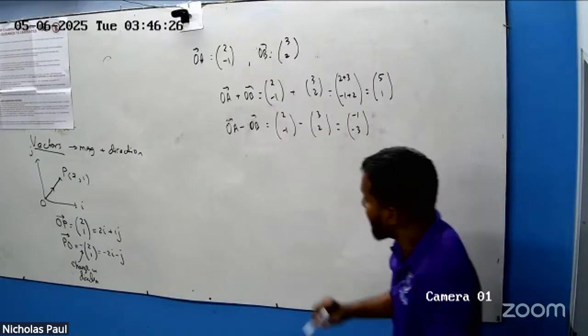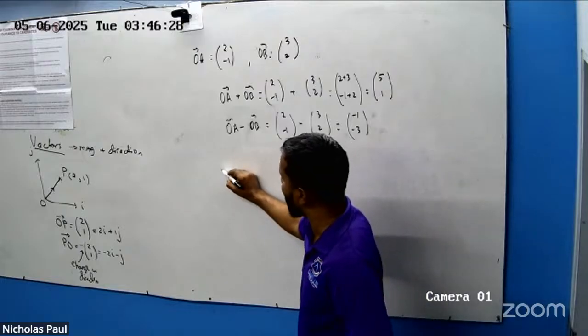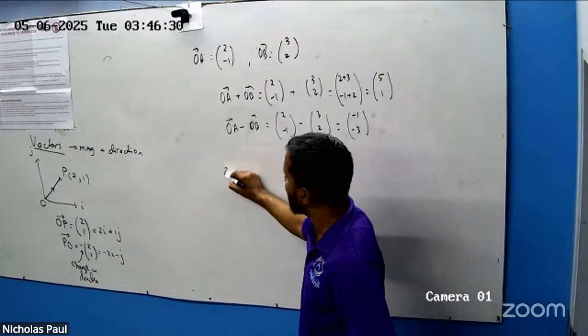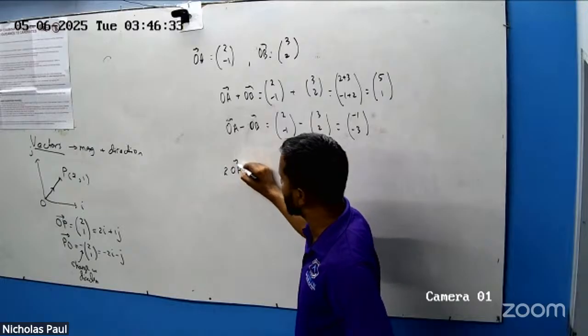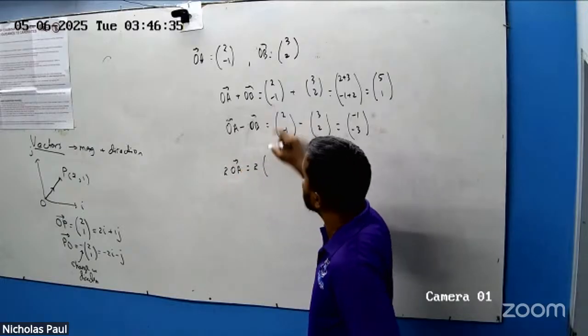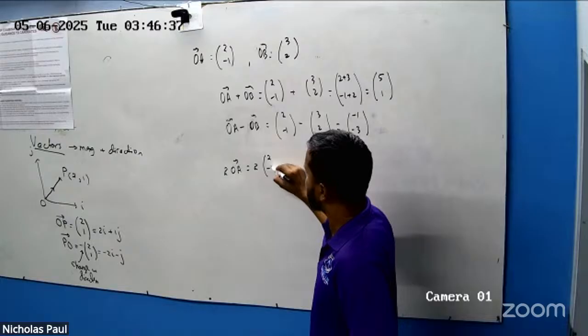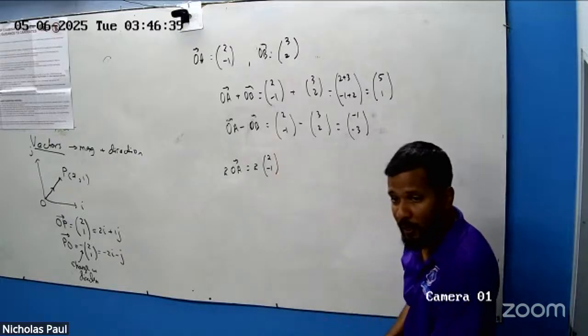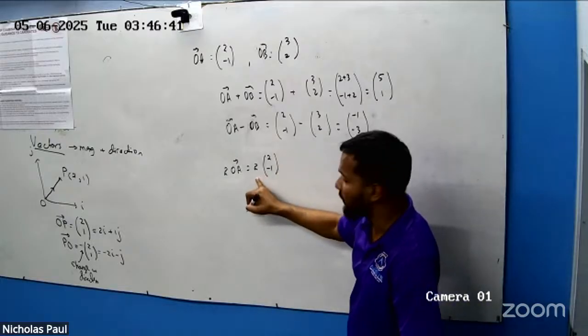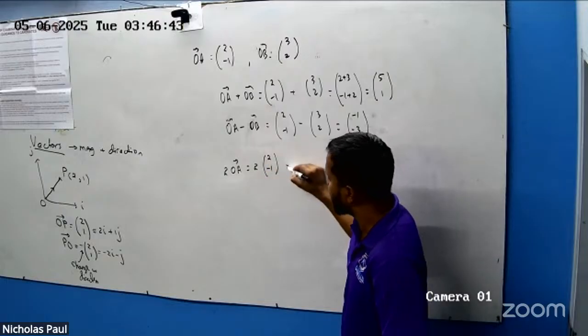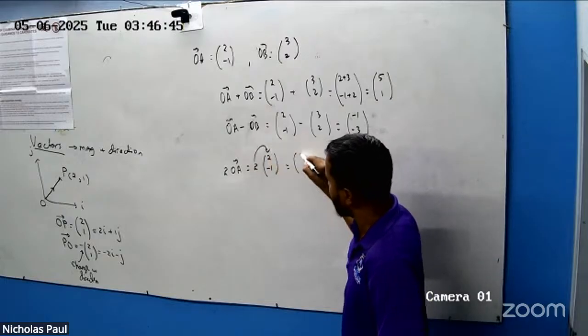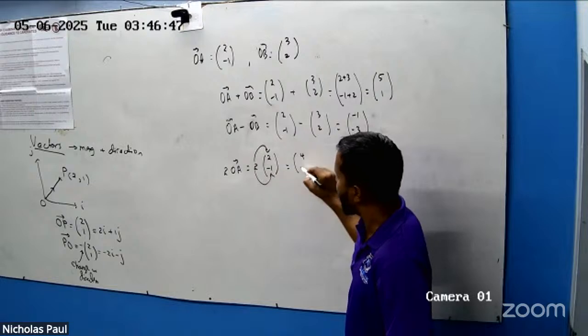Next, how do we multiply by a scalar? If I said 2OA, you're multiplying 2 by whatever OA is. So you're multiplying 2 by 2, that'll give you a 4, and 2 by minus 1 gives minus 2.